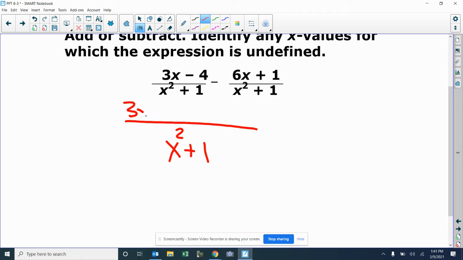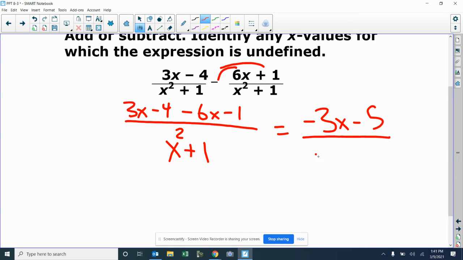Up here, we're going to have 3x minus 4, but it's minus, so I need to distribute that. So it's going to be minus 6x minus 1. Combining like things up here, we're going to get negative 3x minus 5 over x squared plus 1.